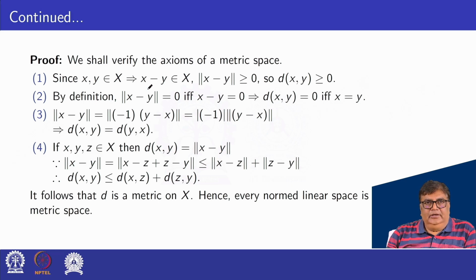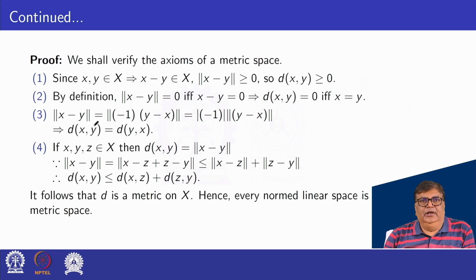And norm x minus y can be written as d(x,y) as per the statement of the theorem. Here, if and only if x minus y is equal to 0, that is x is equal to y. Hence, d(x,y) is equal to 0 if and only if x is equal to y.